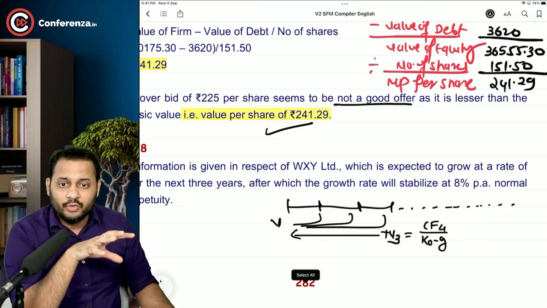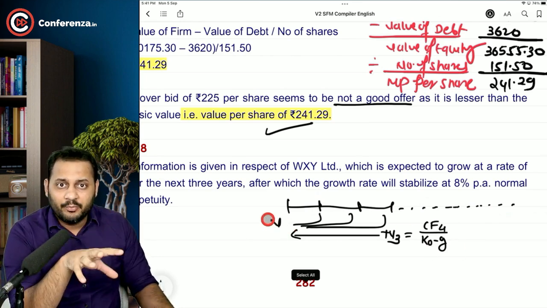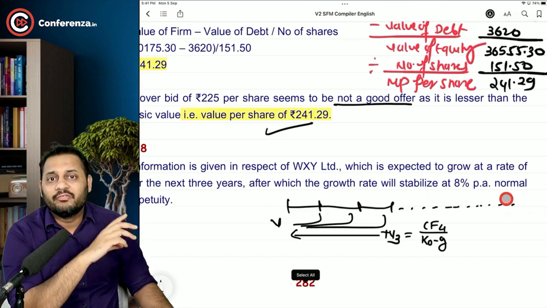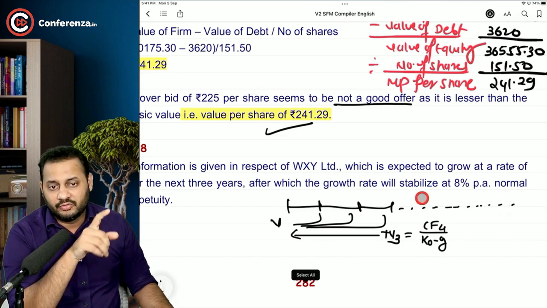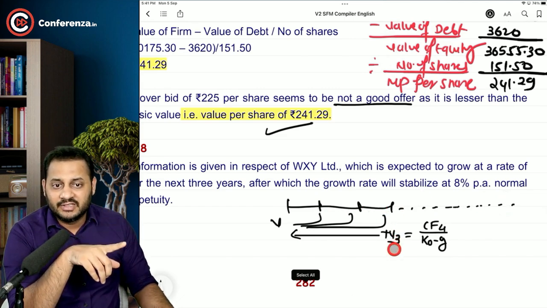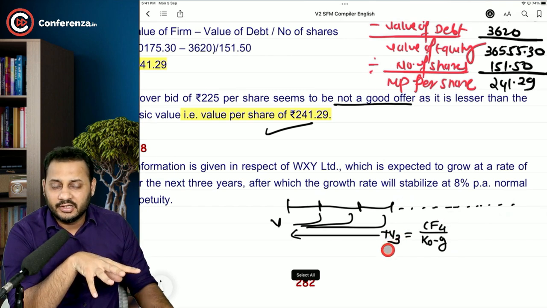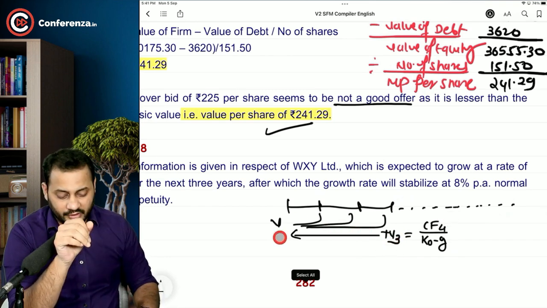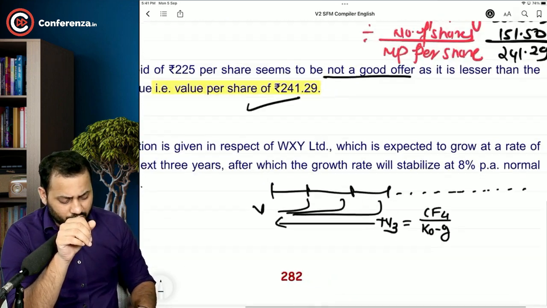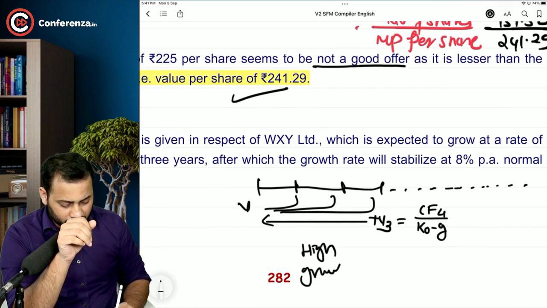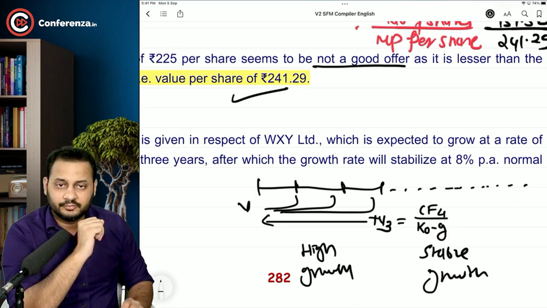So value of a company at any point of time will be the present value of future cash flows for the first 3 years, and this TV3, that means terminal value, also includes the present value of the future cash flows at the end of year 3, and again discounting back. Okay sir, so most of the time this will happen. This will be the high growth period and this will be the stable growth period, perpetuity.